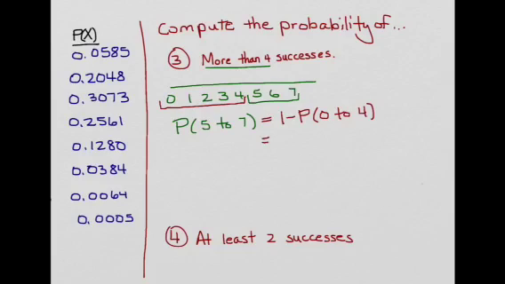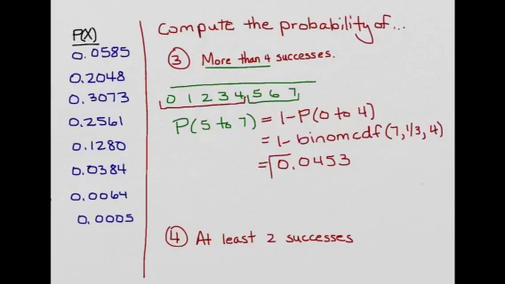And we can type this into the calculator just as we have it here, 1 minus binomial CDF 7, 1/3, 4. But of course that was the answer that I just got, so this is going to turn out to be 0.0453. And that is my final answer for that.